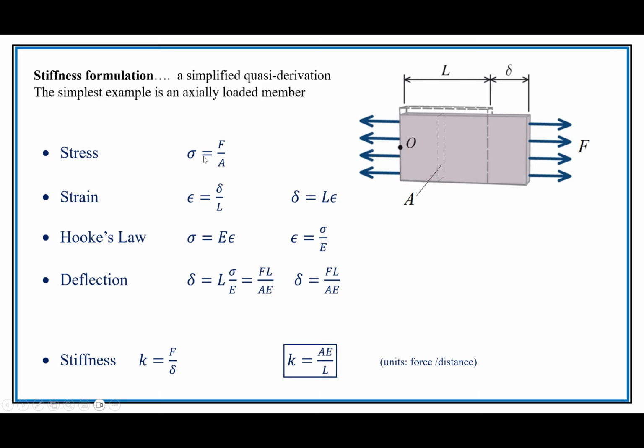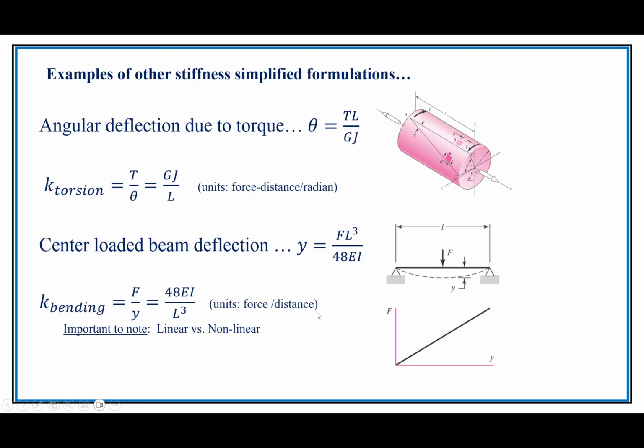And we could replace those two known things, the stress and the strain, in Hooke's law and come up with the displacement is FL over AE for the axial case. And it's important to note that stiffness is F over del in general. So now we can come up with a stiffness. If we were going to create a stiffness matrix for an axial problem, it would be AE over L.